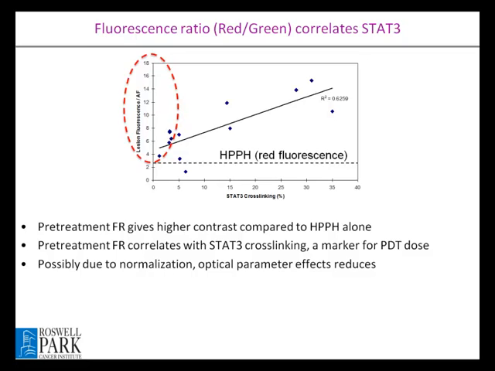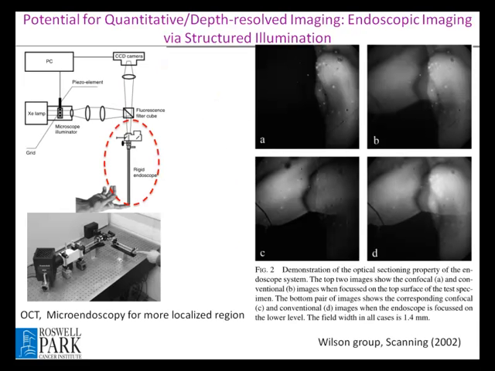Again, I put some lines so that this would be the contrast with HPPH, but when you have the division, you have much better contrast. And I saw this from the Wilson group, who are, I think, the inventors of modulated imaging, if I am not wrong.